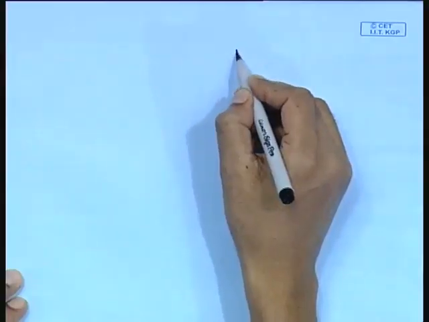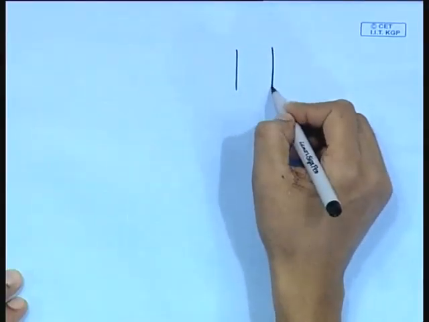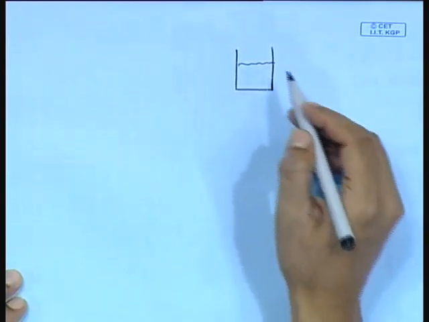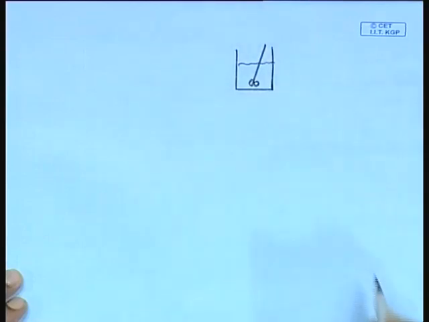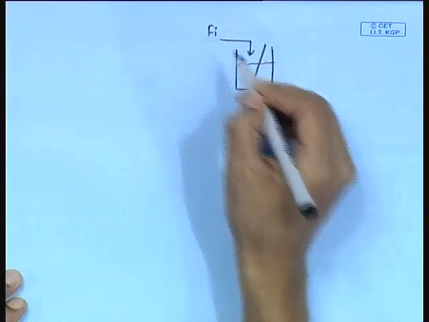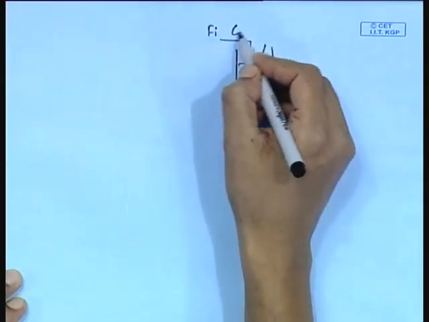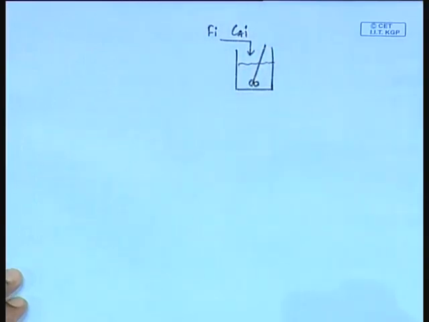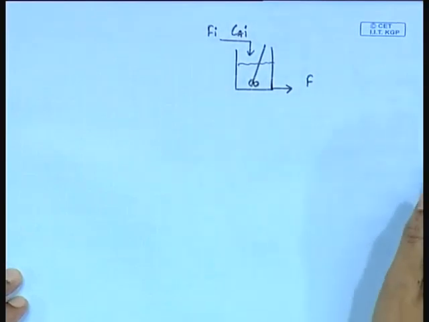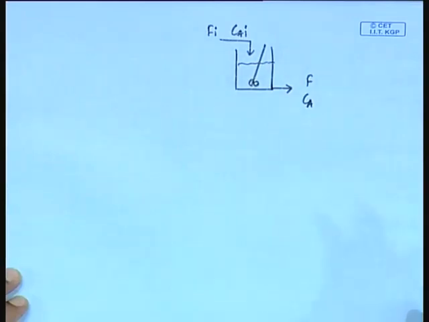Now, the schematic representation of an isothermal CSTR is like this. The inlet flow rate is Fi, concentration is Cai. The output is coming out with a flow rate of F and a concentration of Ca.